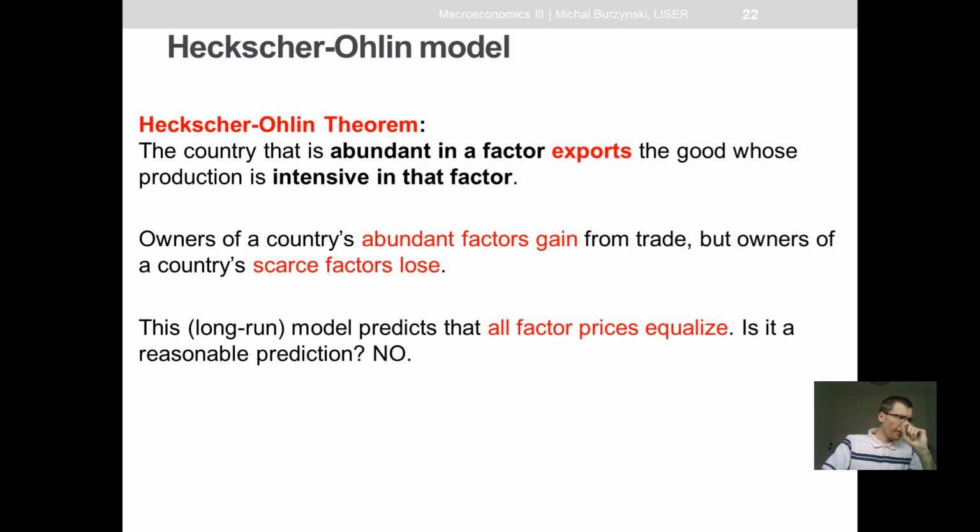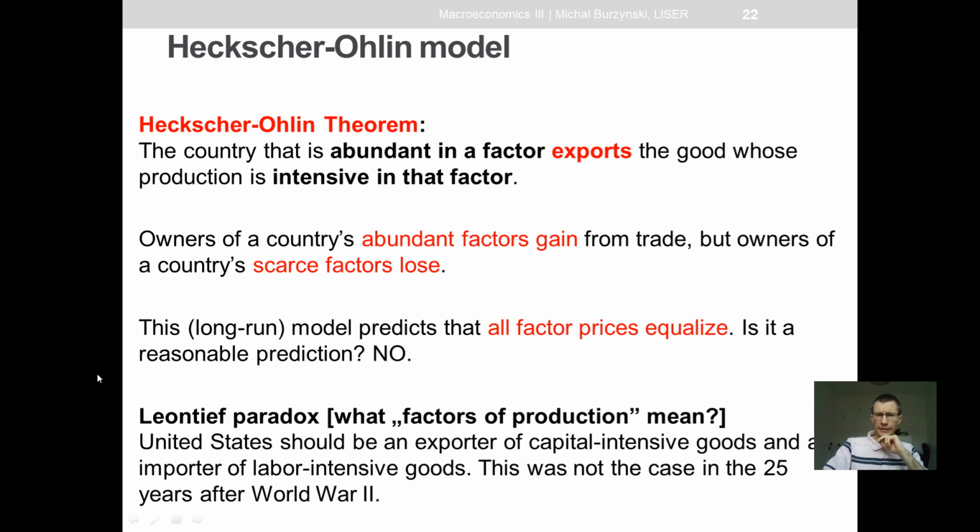One interesting fact that came out of the Heckscher-Ohlin model, which was kind of surprising for the economists at the time, and I mean here the late 1950s or the period after the Second World War. There was an economist, Wassily Leontief, who formulated a paradox relative to exactly this Heckscher-Ohlin theorem, which to some extent started to falsify this theory.